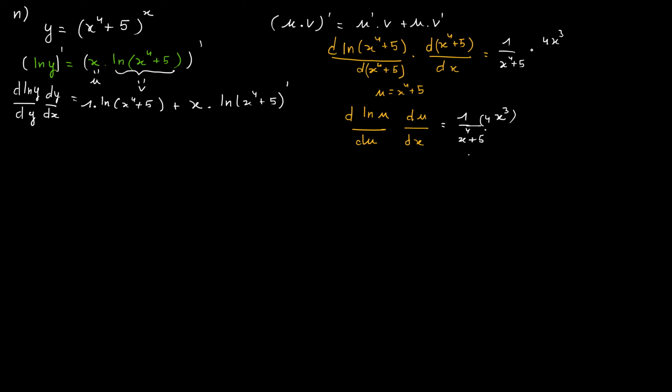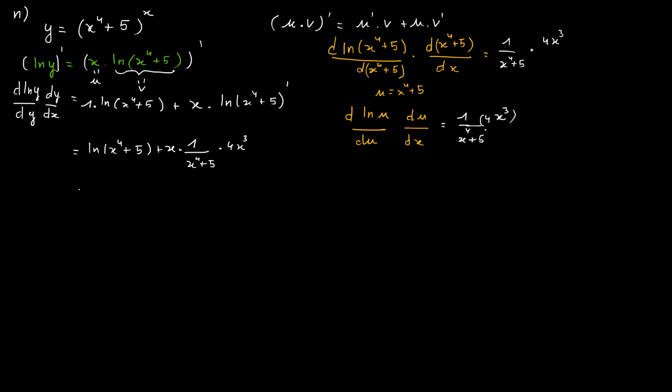Okay, so those are two ways of doing it. So we can fill that in over here. So we get ln x to the power of 4 plus 5 plus x times, and now the derivative we found, well, it was over here. We found it was equal to 1 over x to the power of 4 plus 5 times 4x to the power of 3.